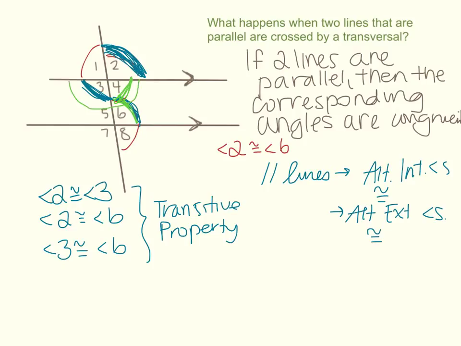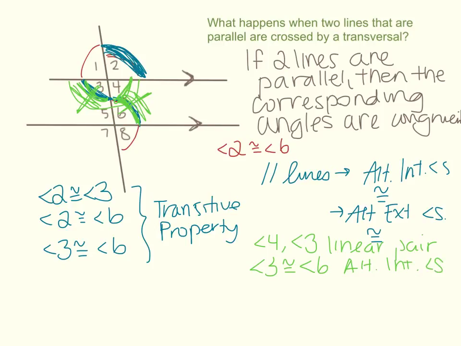Angle 4 and angle 3 are a linear pair. So that tells me that they are supplementary, okay? So they have to equal 180. Now, one thing I do notice is angle 3 and angle 6 are congruent, right? And that's because they're alternate interior angles.